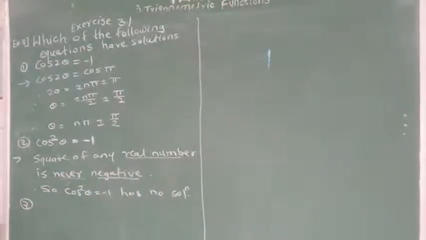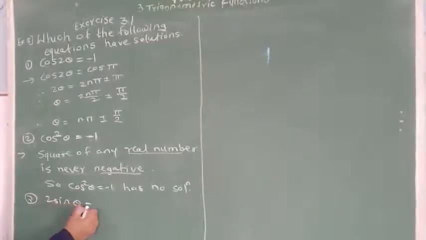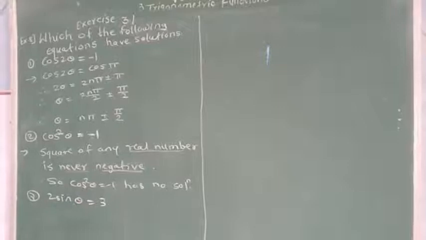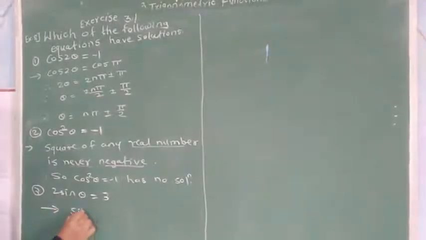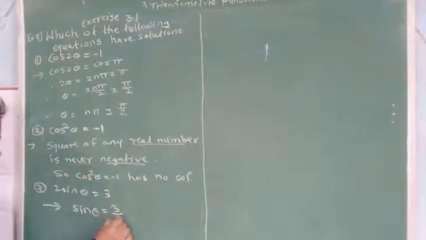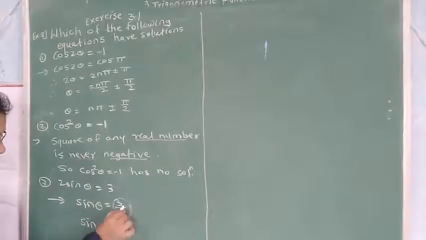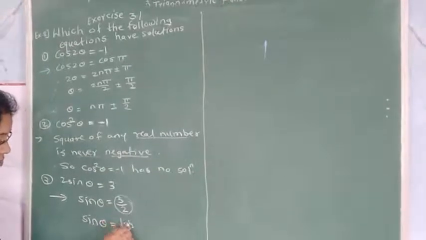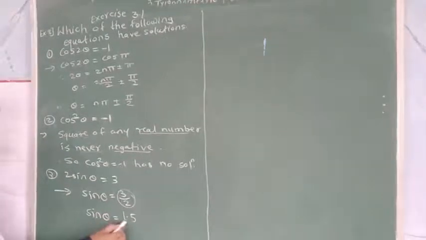The third example is 2 sin theta is equal to 3. So sin theta is equal to 3 divided by 2, which is 1.5.